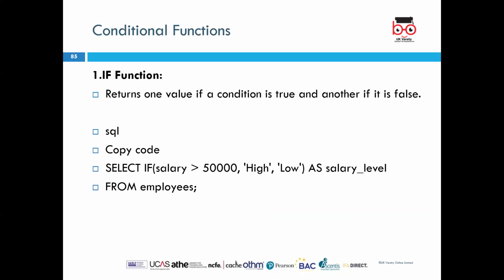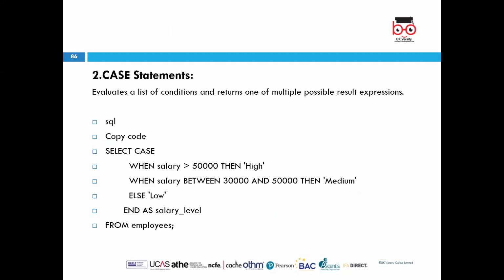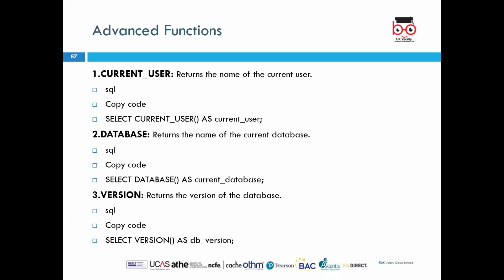We have conditional functions, starting with the if function. This returns one value if a condition is true and another if it is false. The case statement evaluates a list of conditions and returns one of multiple possible result expressions.